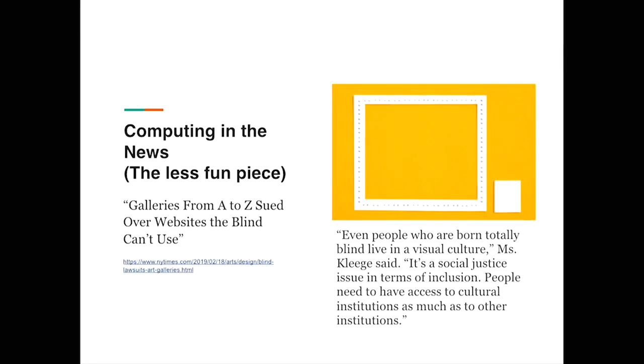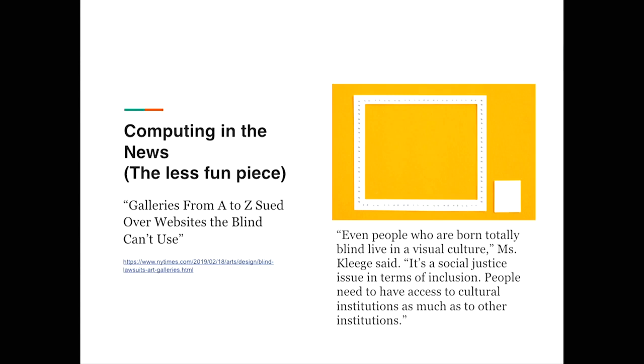The other flip side of accessibility is that if you don't build things in an accessible manner, you can be sued. This was a piece about gallery owners being sued because their websites, which are image heavy, are not accessible to people with visual impairments.